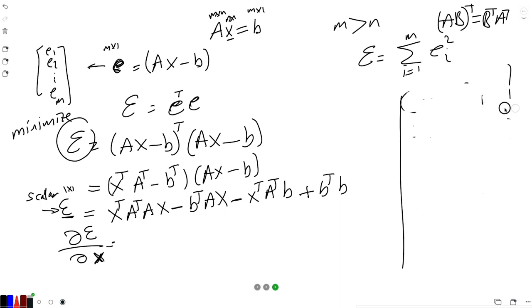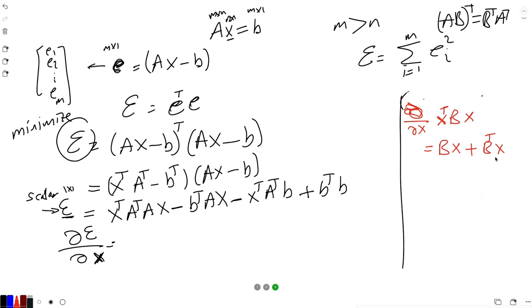Actually, if we have a general equation, for example, X transpose times B times X, and you want to differentiate this with respect to X, the result will be B X plus B transpose X. So the differentiation of X transpose times B times X will be B times X plus B transpose times X.